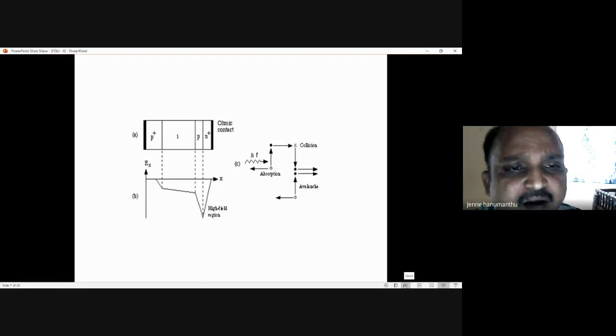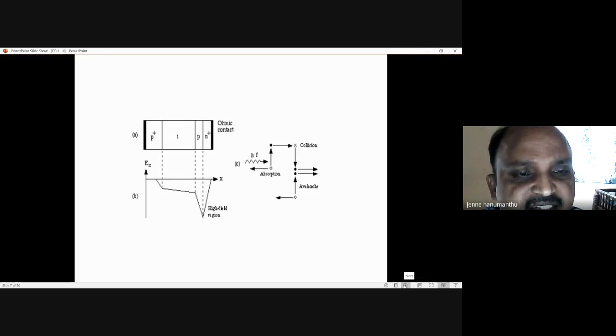Okay? See, the photo carriers are simply accelerated through P and, by crossing the additional PN junction, move towards N plus. Because of the large reverse bias, they accelerate.